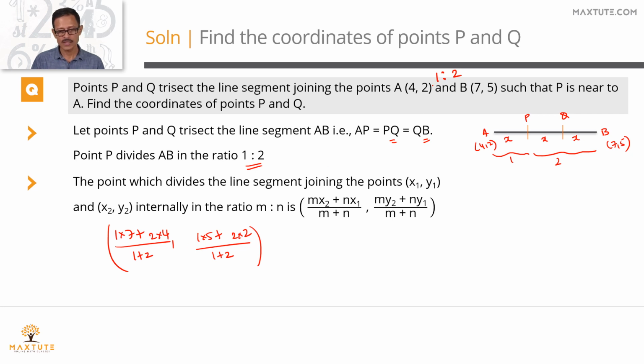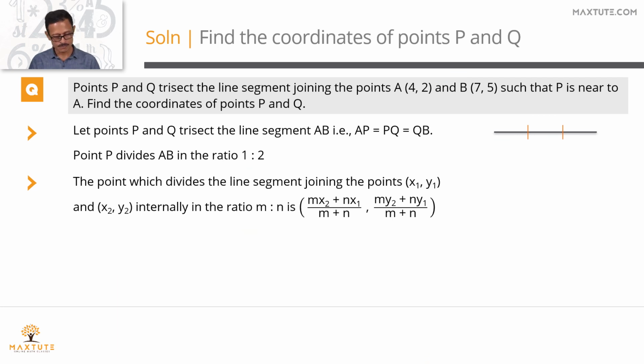Perfect. All of them are divided by 3 because it's a ratio of 1:2. So the coordinates of point P will be (7 plus 8) by 3, which is 15 by 3, equal to 5, comma, (5 plus 4) by 3, which is 9 by 3, equal to 3. Found the coordinates of point P, which is 5, 3.